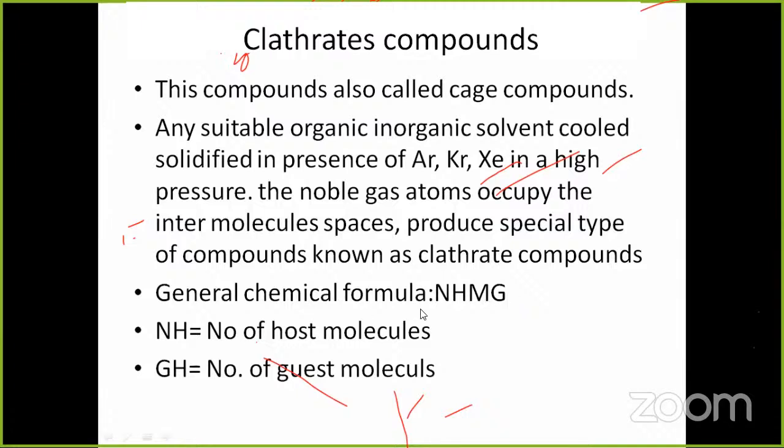The general chemical formula is nHmG. n H means number of host molecules, H means host, and m G means number of guest molecules. So guest molecule, host molecule. The clathrate general formula is nHmG. So you remember, any suitable organic or inorganic solvent.